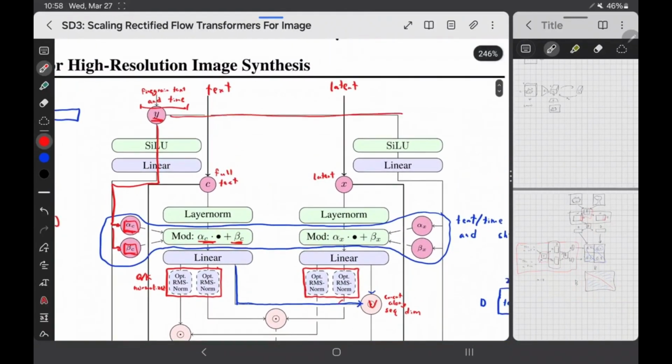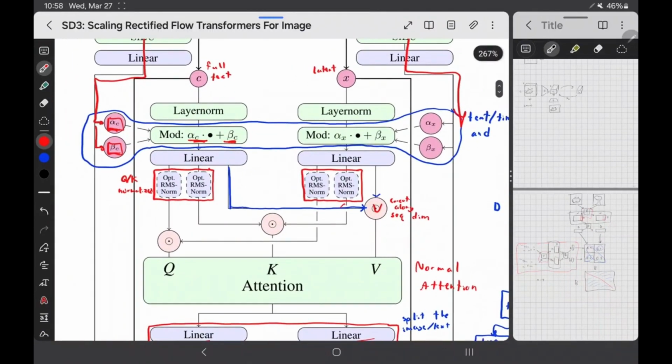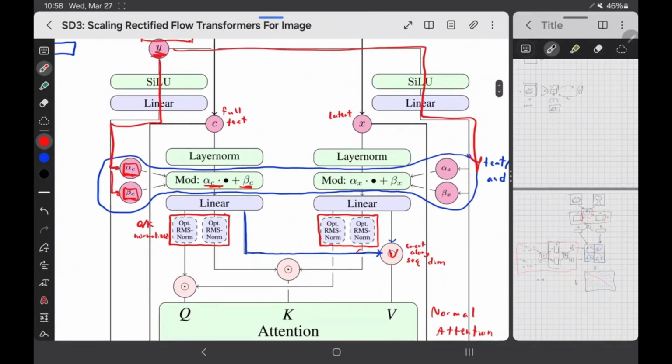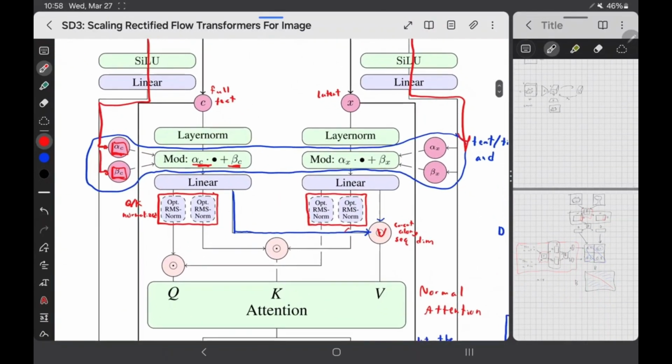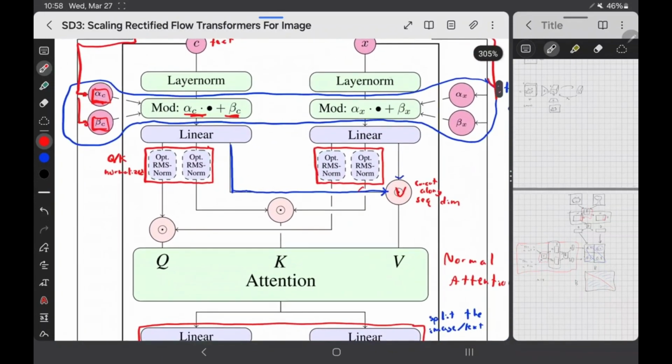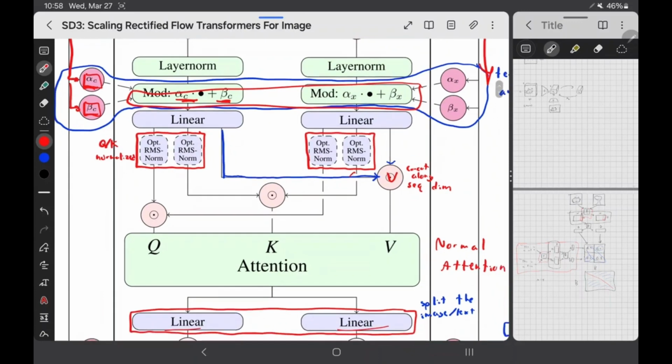And this part over here is just the same conditional information. So all you're doing is shifting or changing the statistics using this conditional information, the text information and the time information. This has been done before, this idea where you change the statistics. I think the first time I saw it was in Diffusion Models Beat GANs on Image Synthesis.